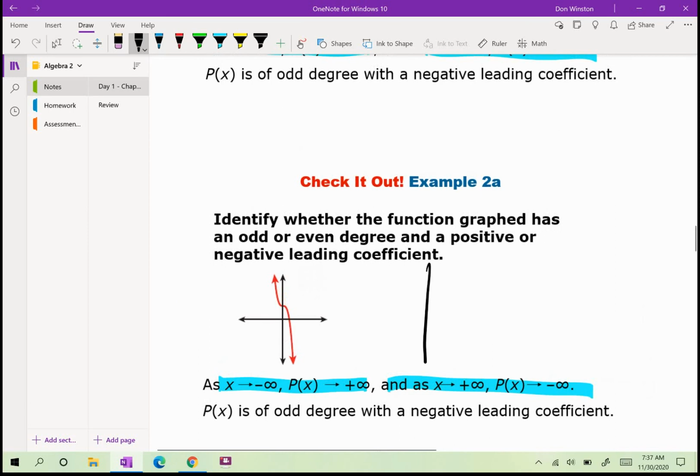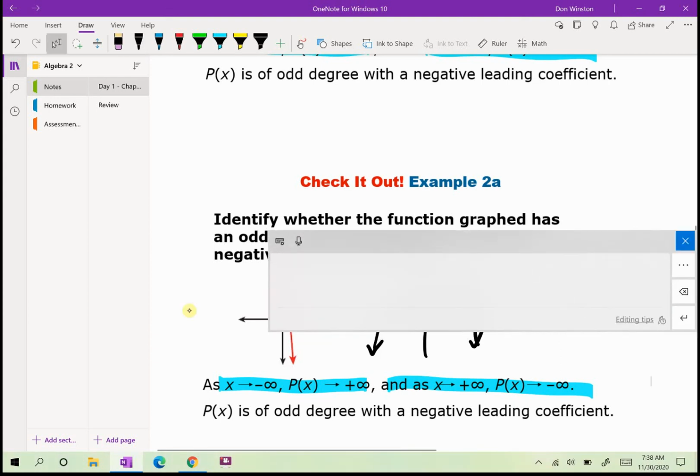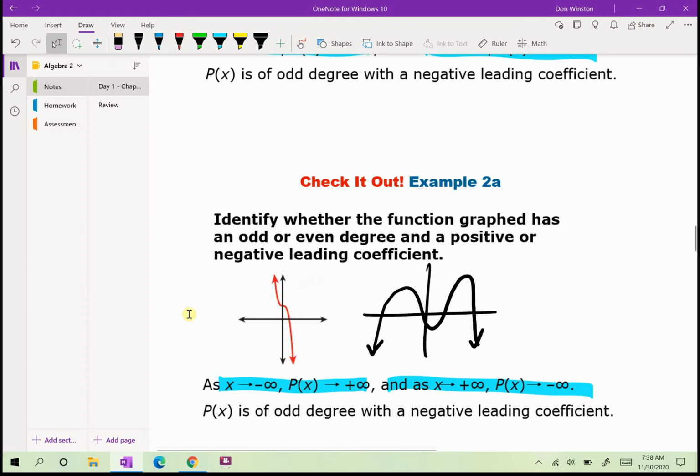So let's take a look. What if I had a graph like this here? It would be even degree, but the leading coefficient would be negative. So it would be even degree with a negative leading coefficient. It falls on both ends.